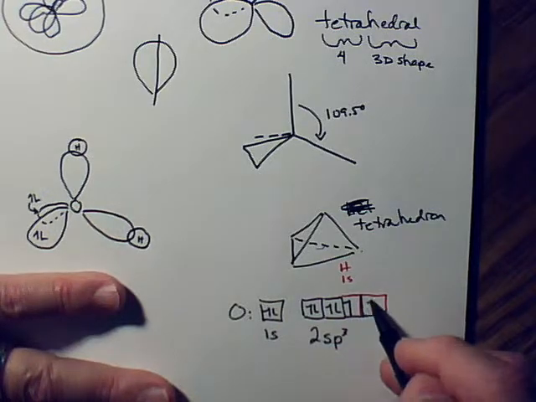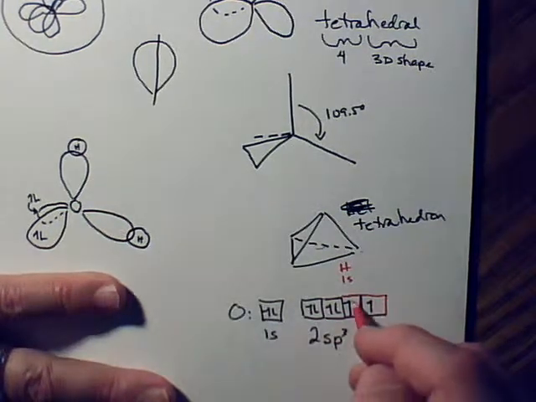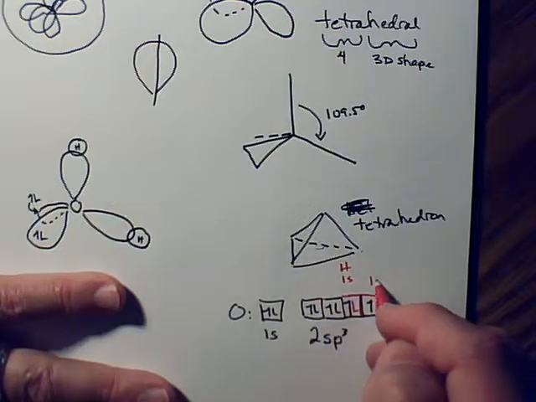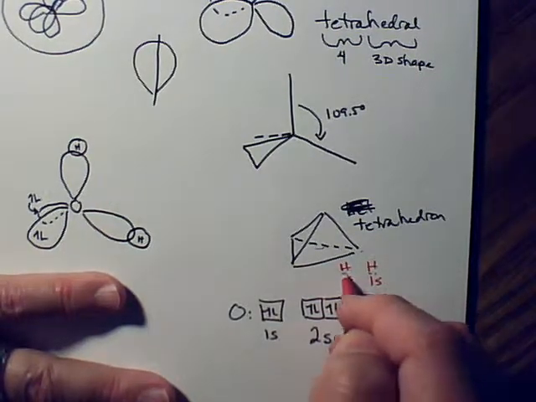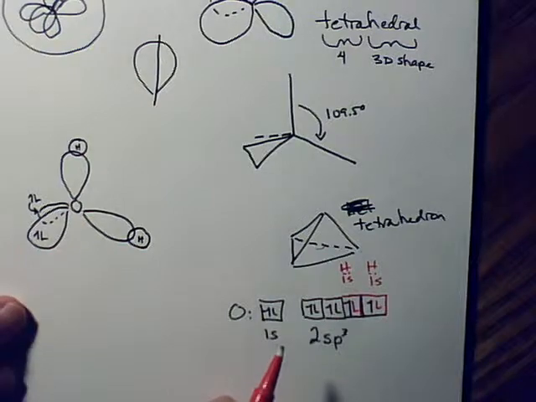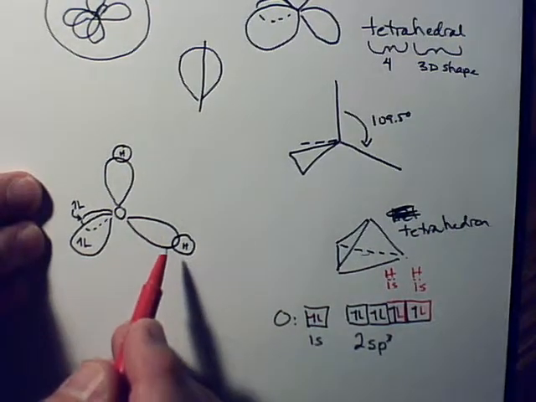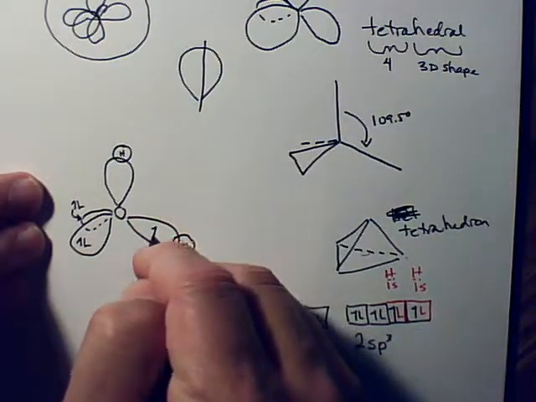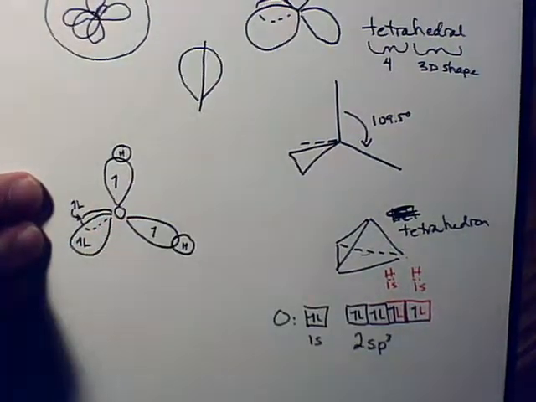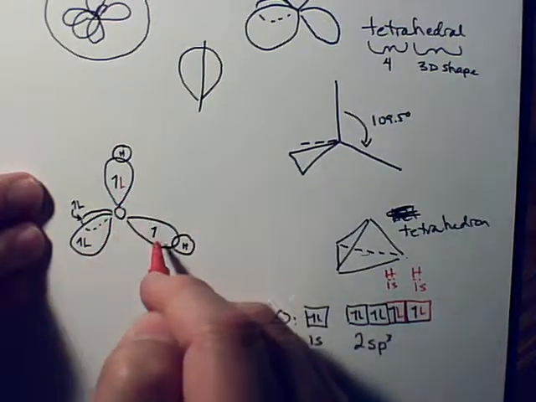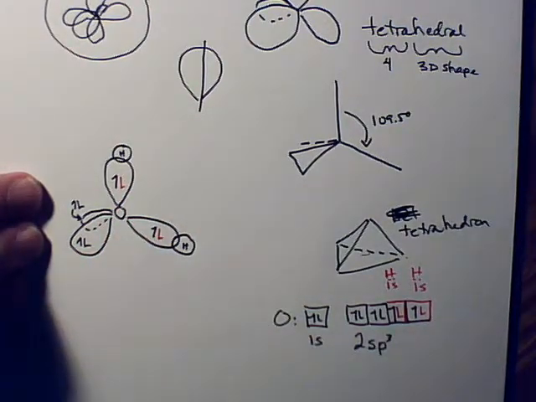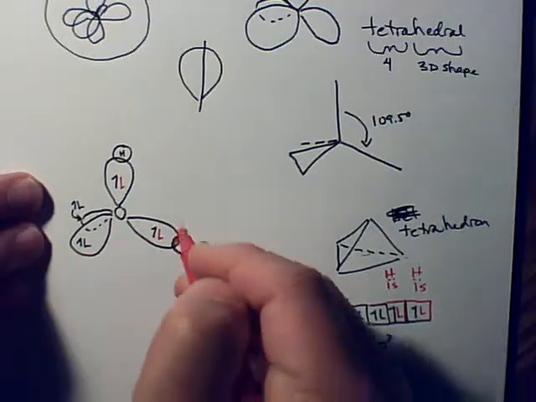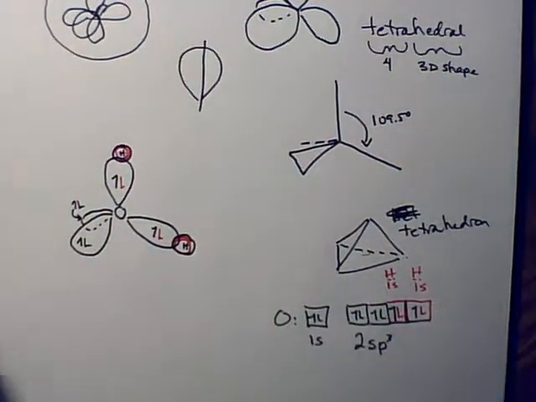So we've got 1 electron from the oxygen and 1 electron from the hydrogen. Okay, overlapping that. All right, so that's what we have here. And so we've got 1 electron from the oxygen in this shared orbital now. We've got also 1 electron from the hydrogen. Does that make sense?